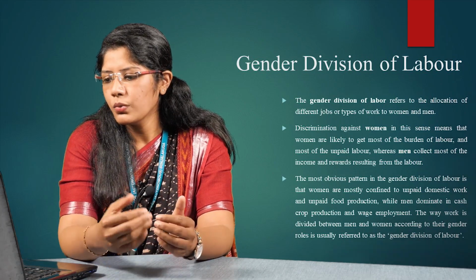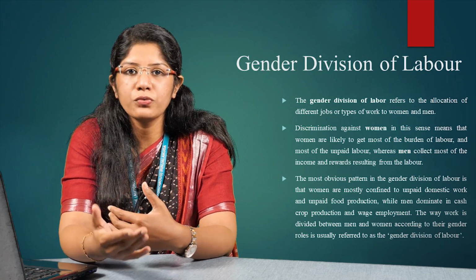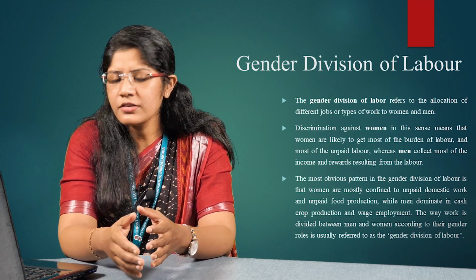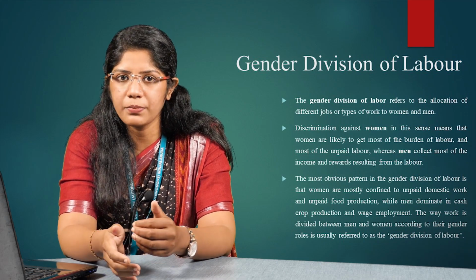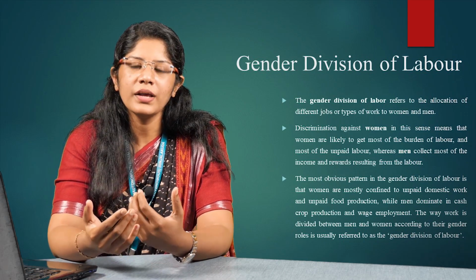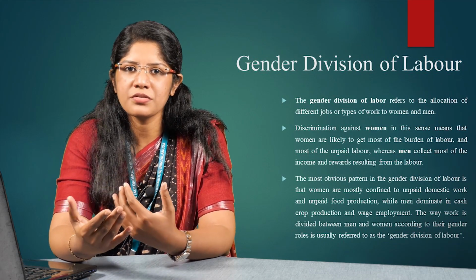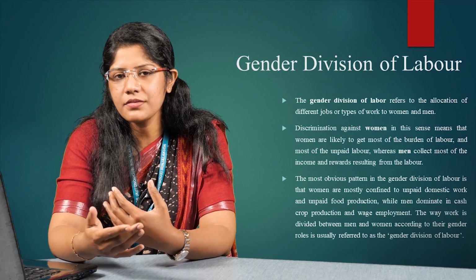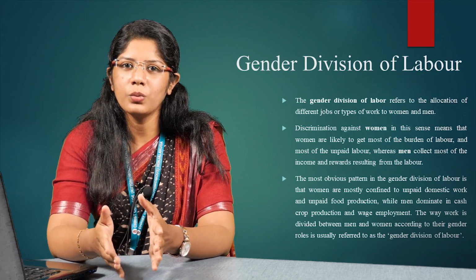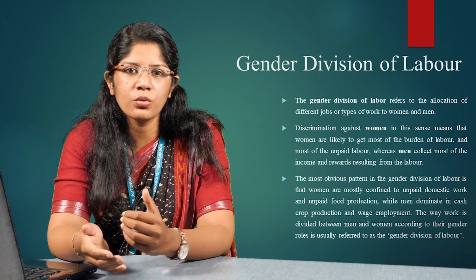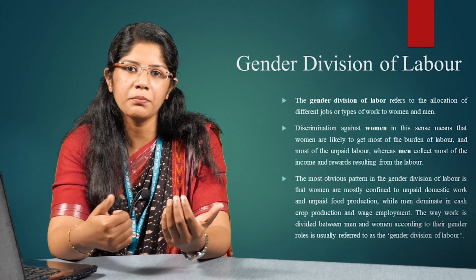For example, women are mostly confined to unpaid domestic work and unpaid food production, whereas men dominate in cash crop production and wage employment. From this we can understand that men's work in society is considered productive and very important, whereas we take women's participation in the labor force as less important.